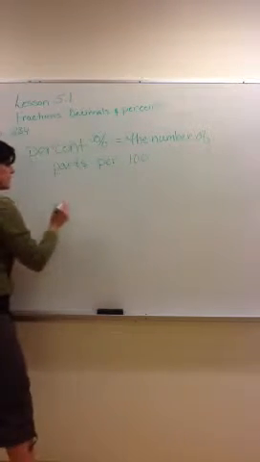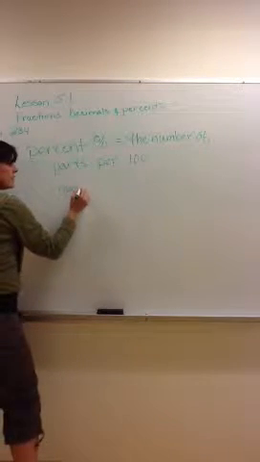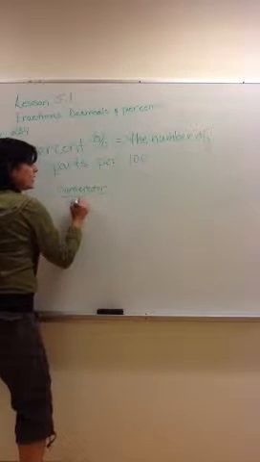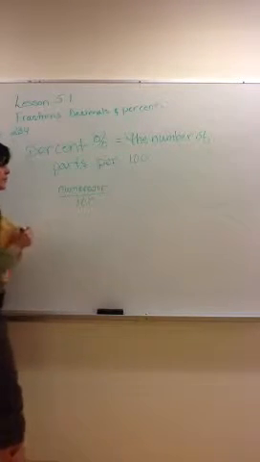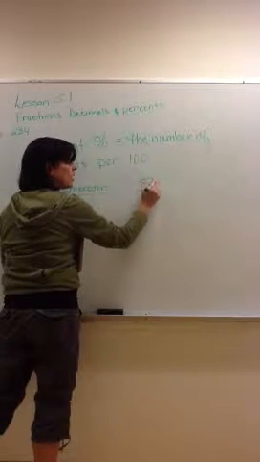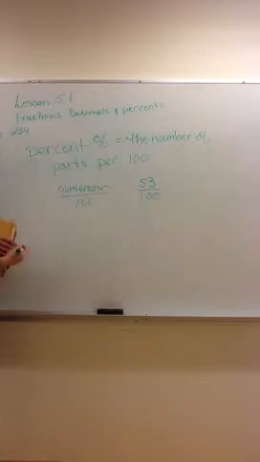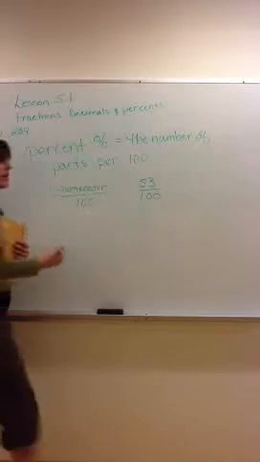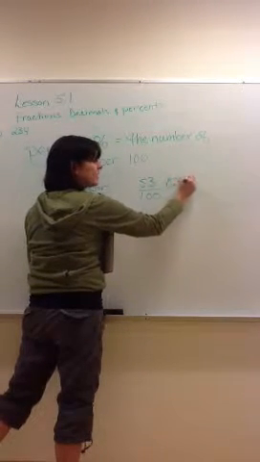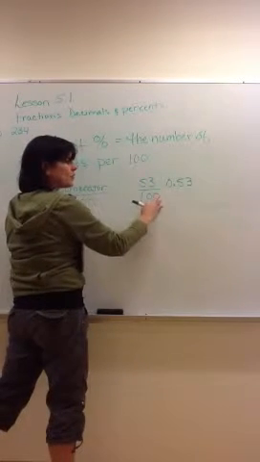Which means that it's whatever the numerator is over 100. So if we had 53 over 100, we would write that as a decimal as 0.53, because there's two numbers there, and it's over 100.